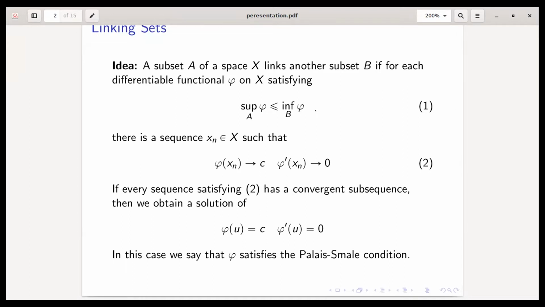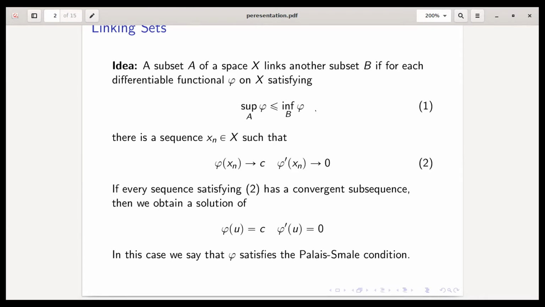Now, if every such sequence has a convergent subsequence, then we obtain a critical point. And in this case, we say that the functional satisfies the compactness condition of Palais and Smale.